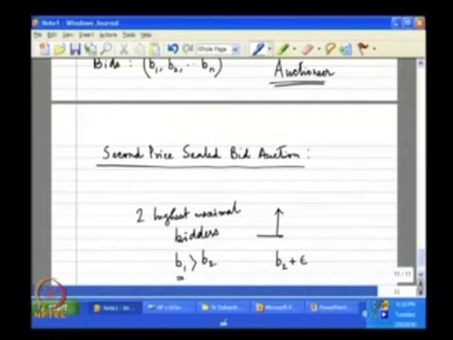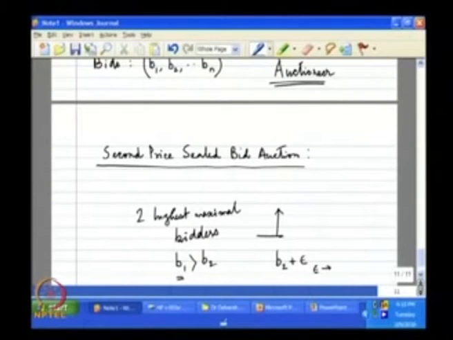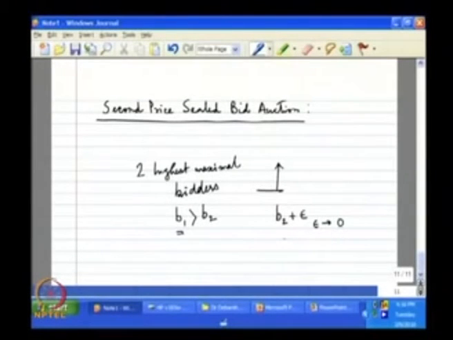So, there is no point why he should bid B1, and epsilon can be taken to approach 0, which means that player 1's optimal bidding can be thought to be equal to B2 itself. He will not bid his own maximal value.